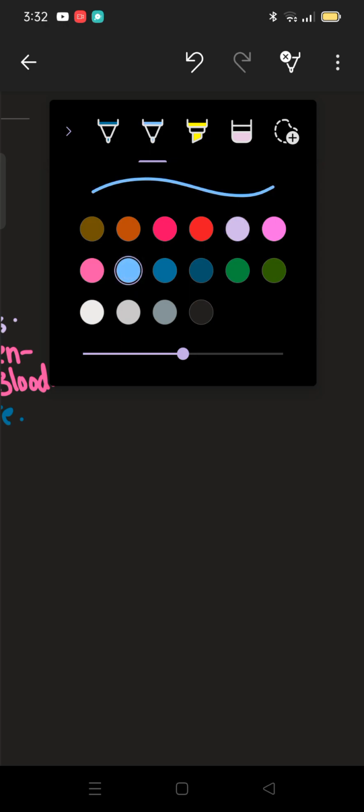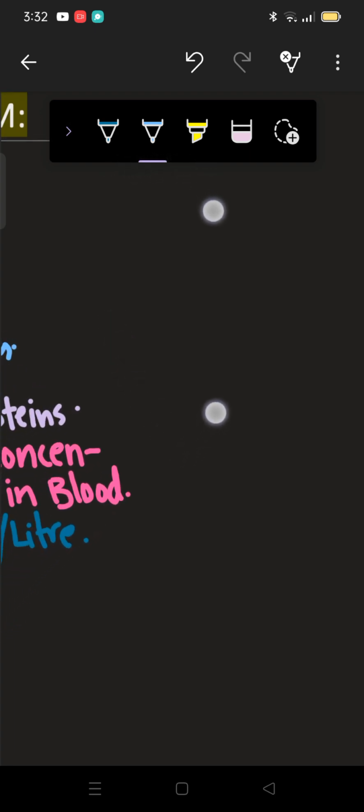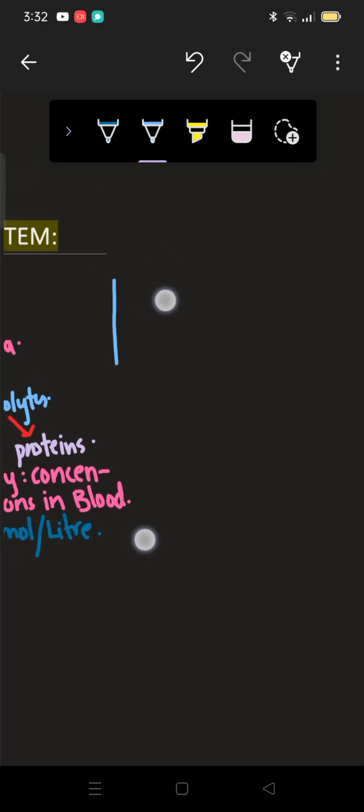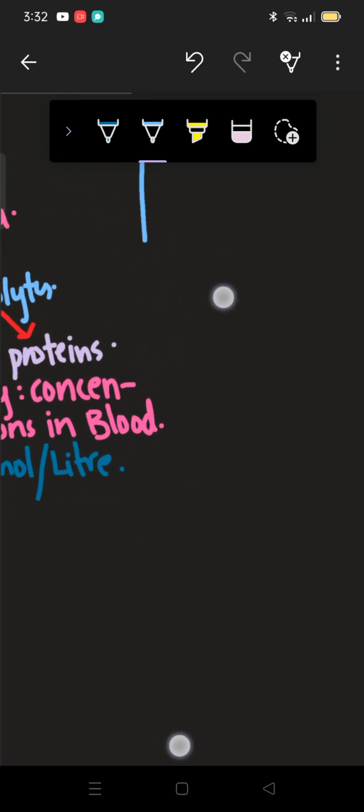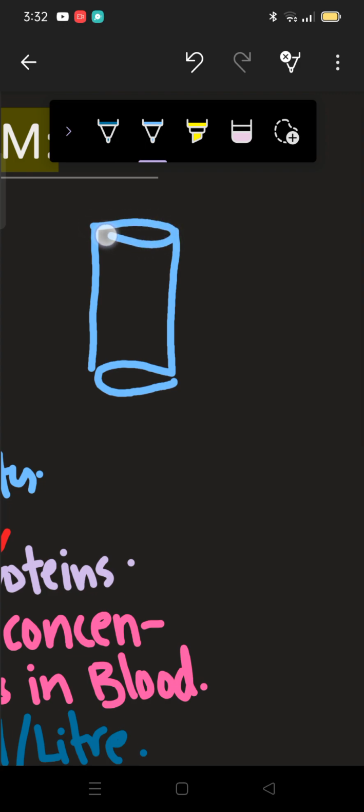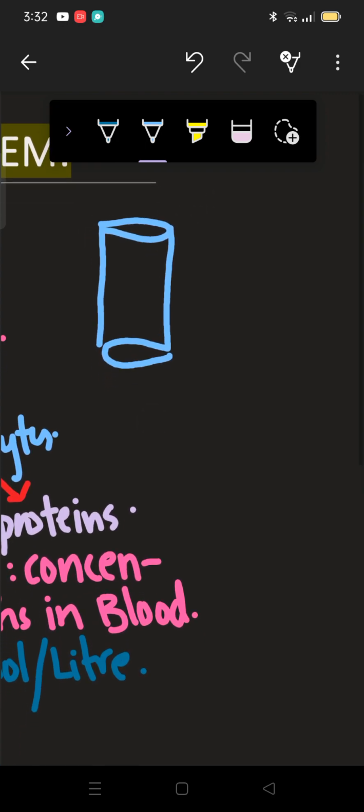I should make it a little bit small. This is the afferent arteriole.